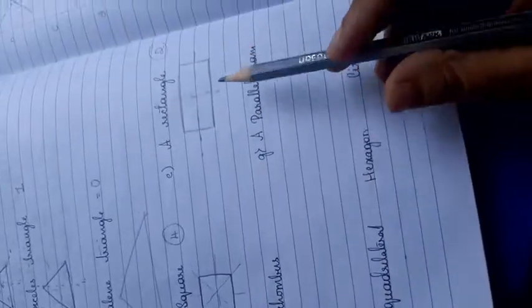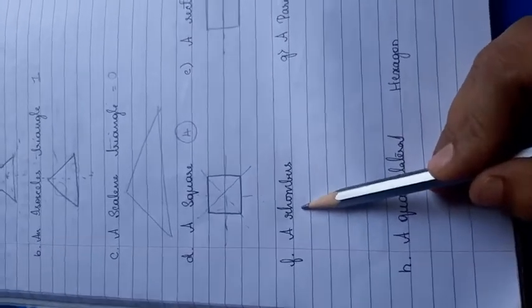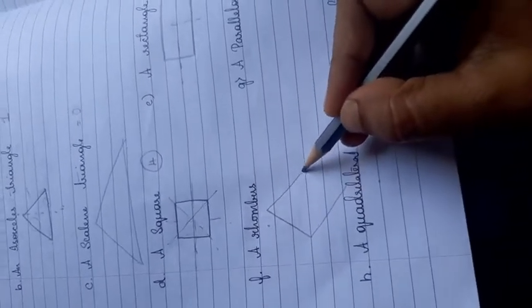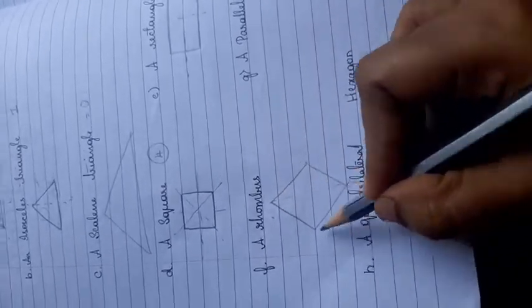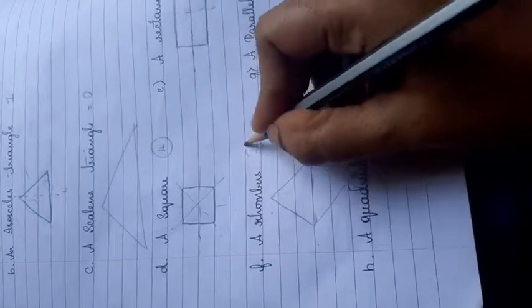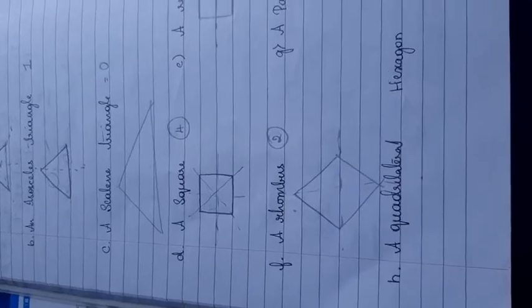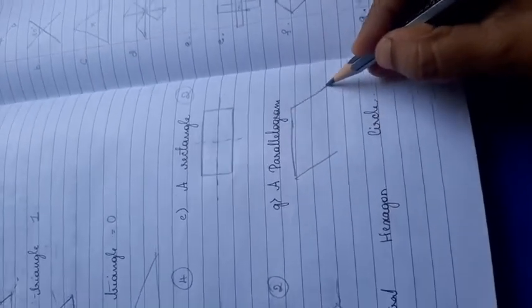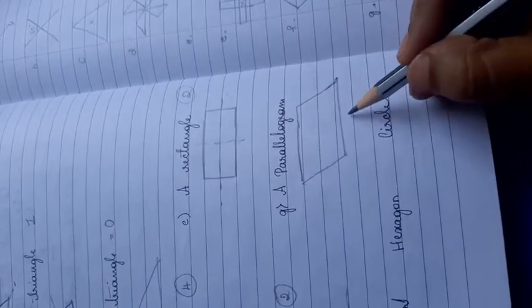Next, rhombus. Rhombus means how? You all know rhombus is like this. So rhombus will be having 1, 2. So 2 lines of symmetry. Next one, a parallelogram. Parallelogram is like this. So can I draw a line of symmetry for this?